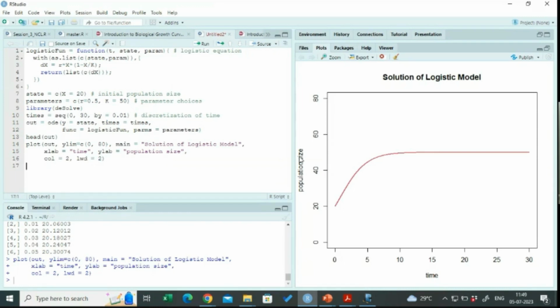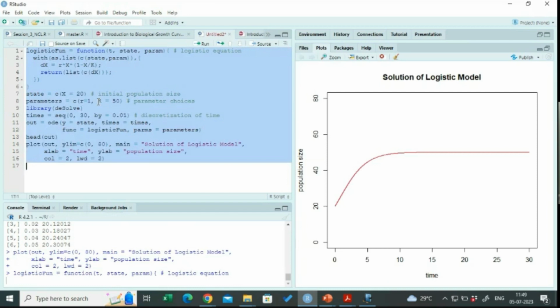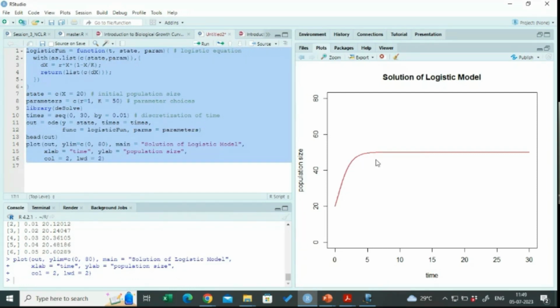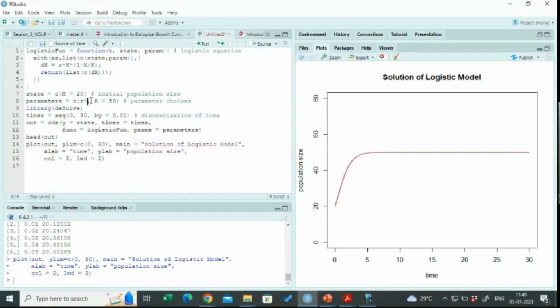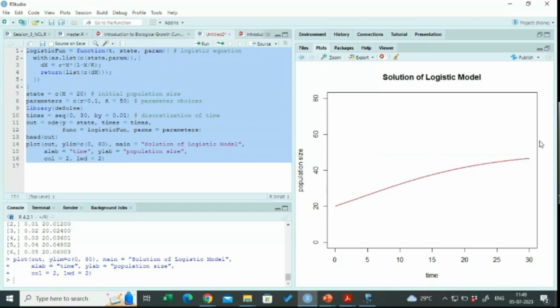That's it. The document is there with you and you know how to do this, so you can play with it. Say if you give r equal to 1, what will happen? It goes faster towards the carrying capacity k. If you give 0.1, the growth rate is low, so it approaches the carrying capacity later.